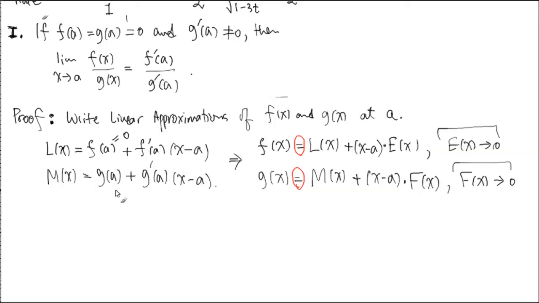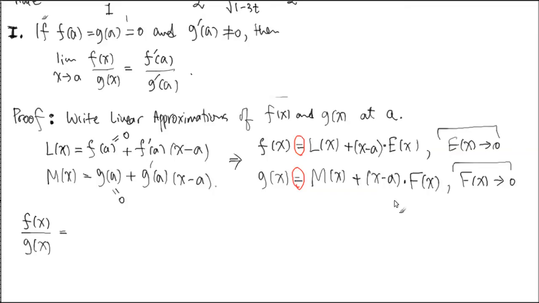What about g of a? We assume that it's 0. That's so that this becomes an indeterminate form, right? So Lx and mx are far simpler. We even know g prime of a is non-zero, right? But not as a number, just in that way. All right. So the next thing is, what we're calculating is f of x divided by g of x. Now, we don't know much about f of x and g of x, but we know they can be analyzed like this using linear approximation.